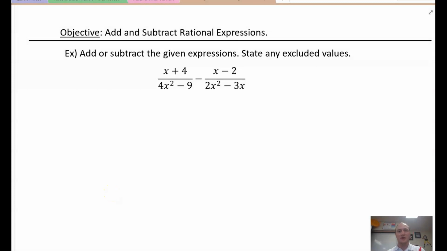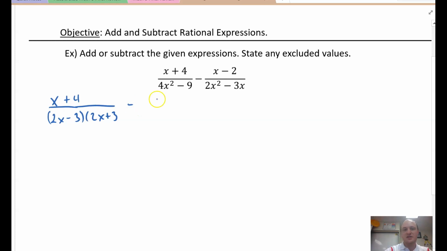Here we have two rational expressions, and we're asked to subtract them, as well as state any excluded values. So the first thing that you want to do with these rational expressions is factor them. So I have a difference of squares in the denominator, and that's our first rational expression.